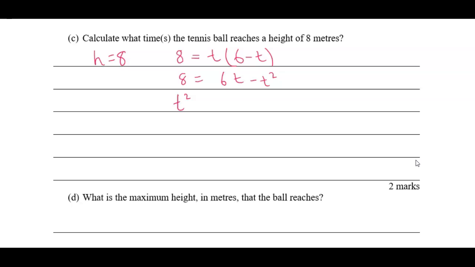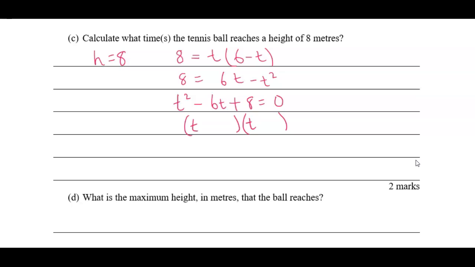When I bring the 6t over, it's going to be minus 6t, and the 8 is already positive and equals 0. Okay, so going to have to factorize this. That's an easy one to factorize. So two numbers that when multiplied give you 8 and when added give you negative 6. So your two numbers are going to be negative 2 and negative 4.